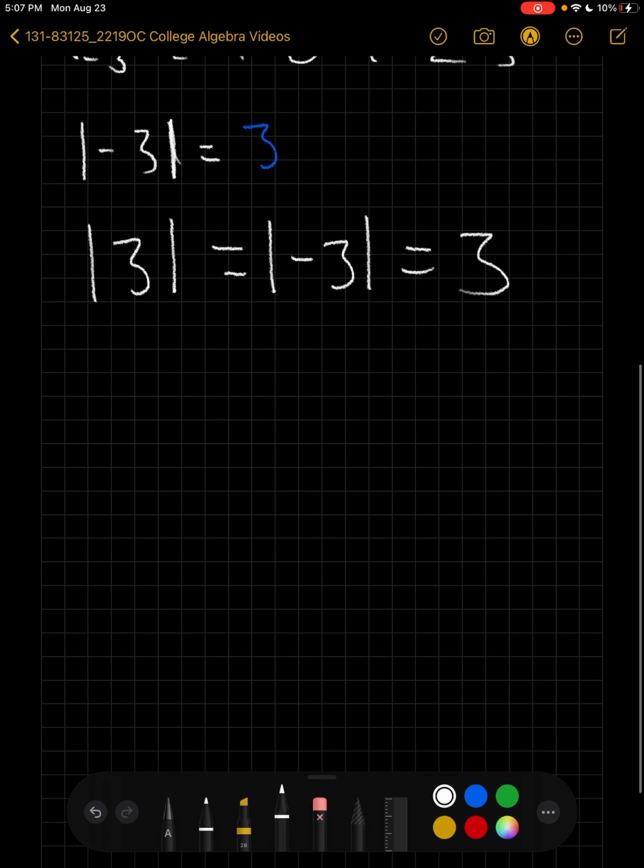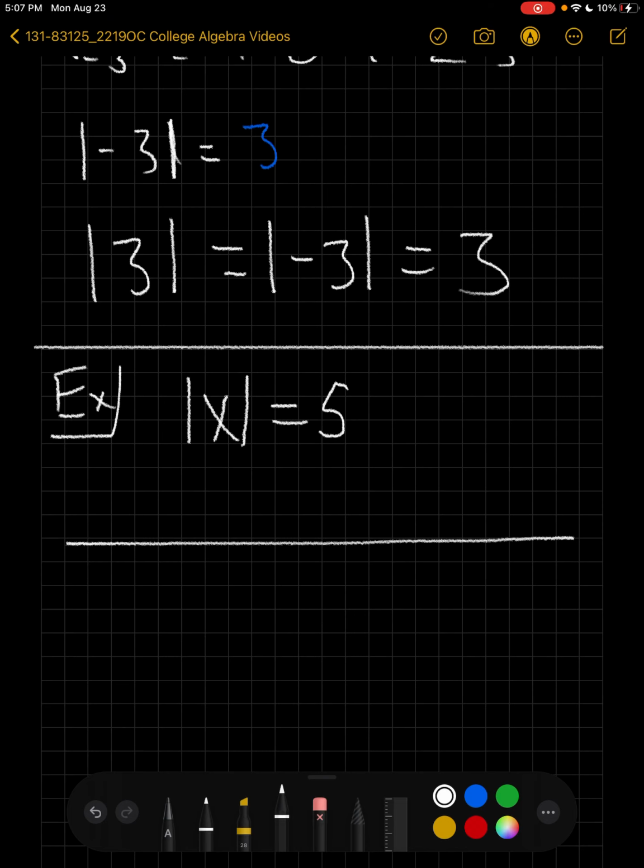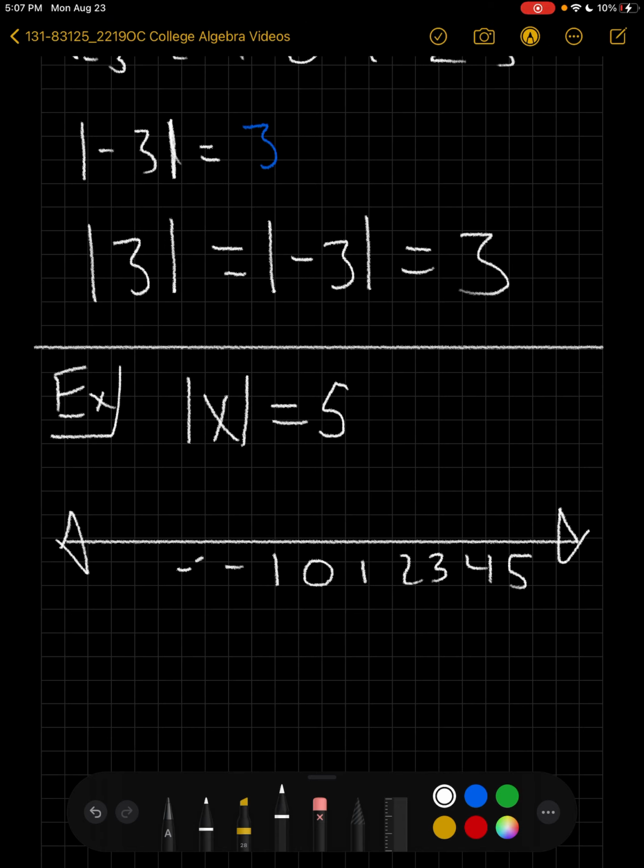So we can use this to solve some simple equations. Let me give you an absolute value equation here. Example. If I told you that the absolute value of a number x is equal to 5, you would look at your number line, or maybe imagine it, and you would say that there are actually 2 answers to this equation.